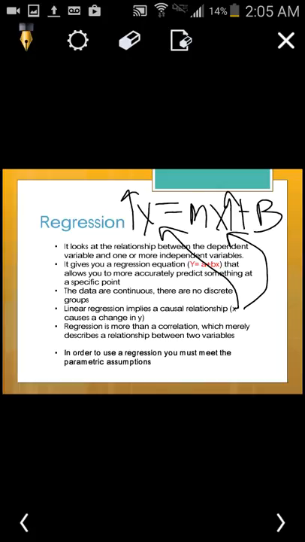So dependent and independent, we need to figure that out. In regression, is y independent or is x independent? One of those has to be. So x causes a change in y. It seems like y is dependent on the change in x, and x would be the independent part.